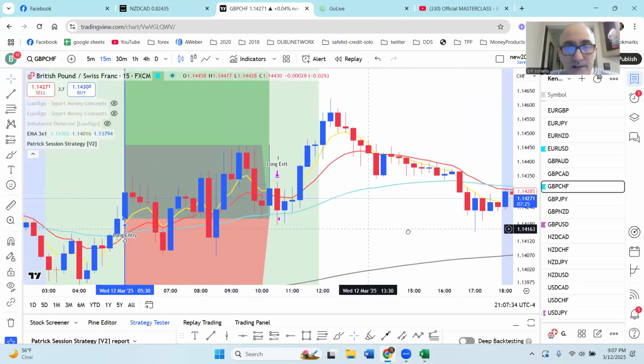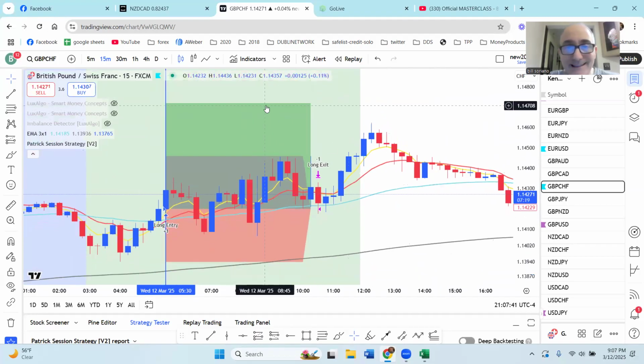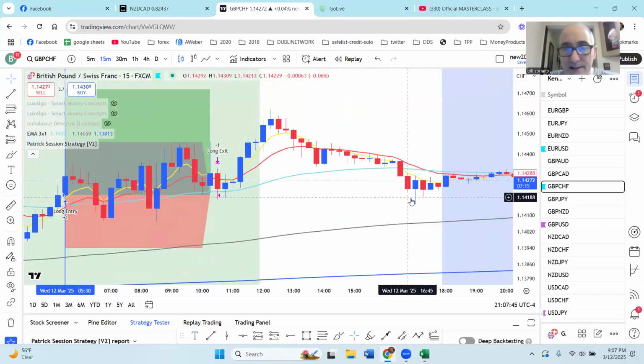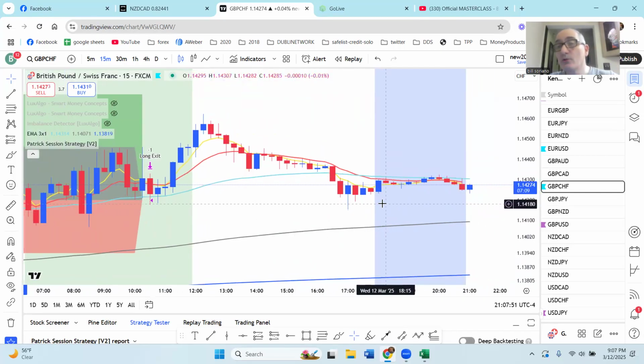Why is it a break even? It moved past the gray area, which is the break even point, but it didn't get to the take profit up here. And then it went down and got stopped out right here at 5 p.m. today. So this will be a break even, but we won't record that on the spreadsheet until tomorrow.